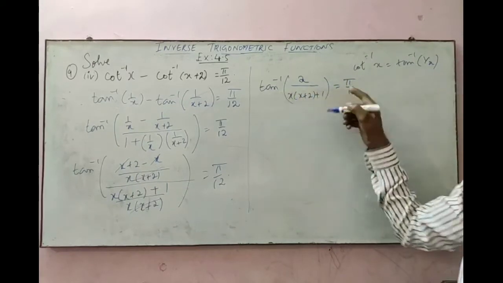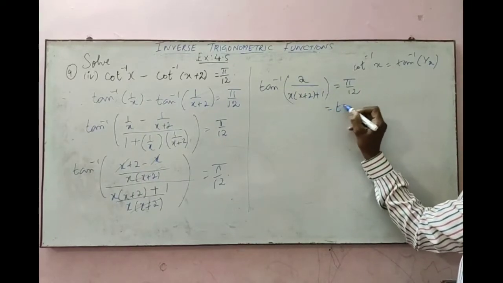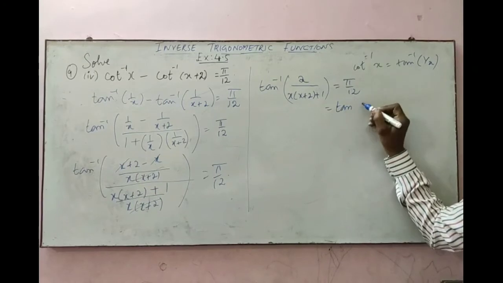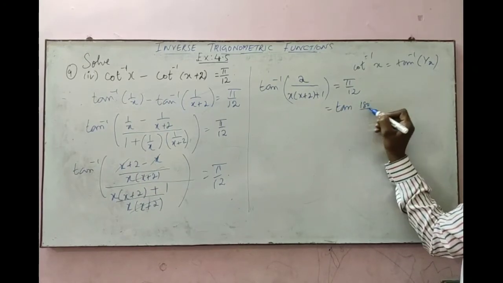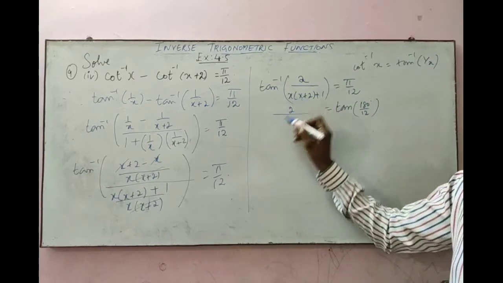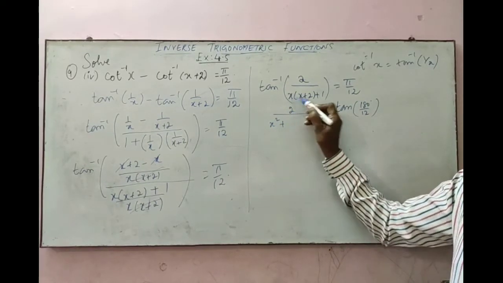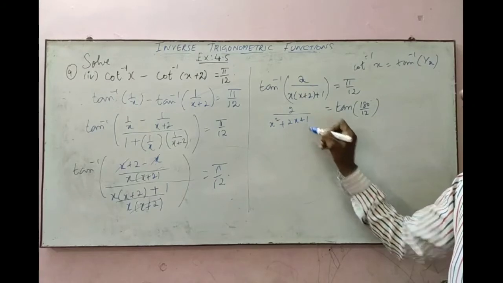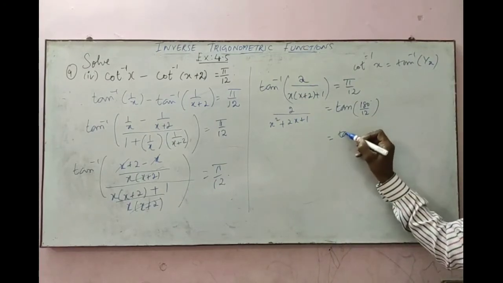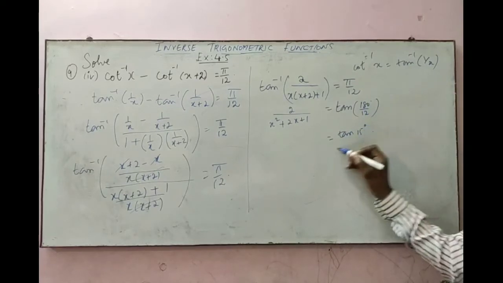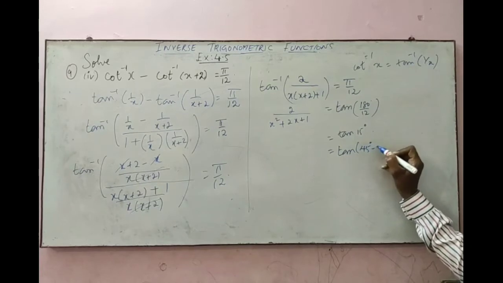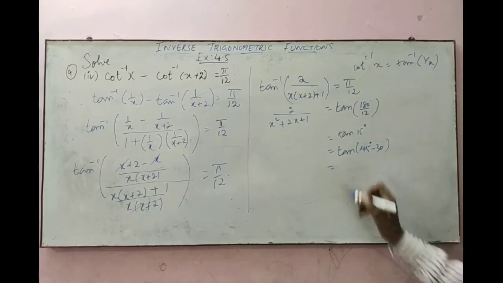If you bring this tan inverse to the right side, you will get tan of pi by 12. The value of pi is 180 degree, so pi by 12 is 15 degree. Here x into x gives x square, so 2 by (x square plus 2x plus 1) equal to tan 15 degree. If you simplify this, you will get tan 15 degree. The tan 15 degree can be written as tan of (45 degree minus 30 degree).